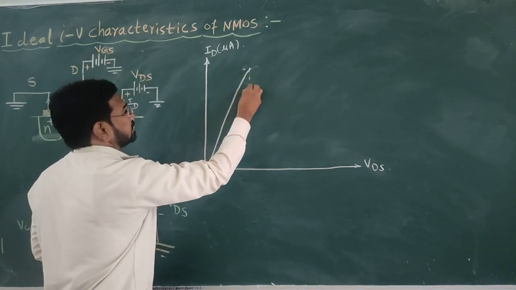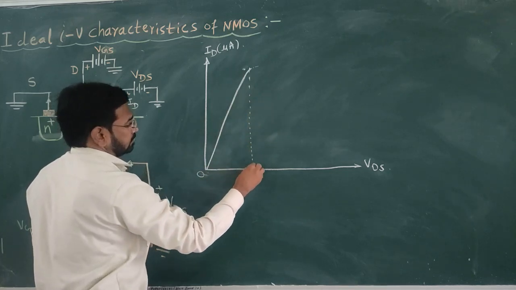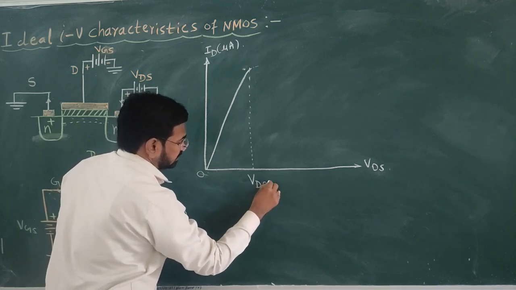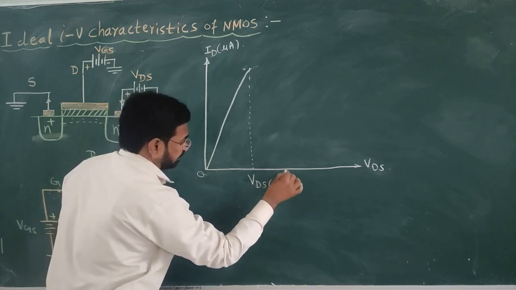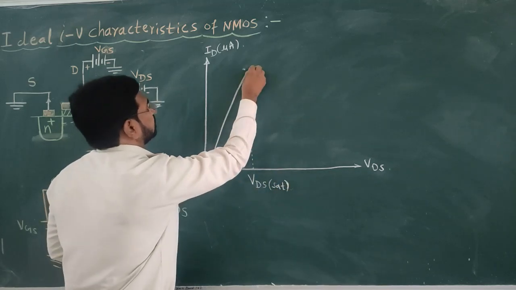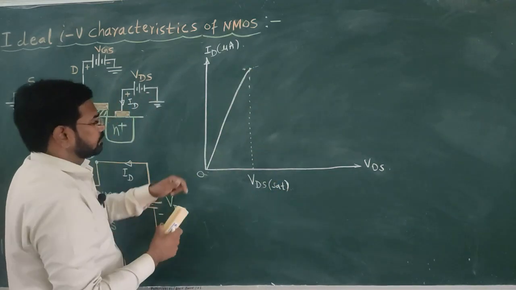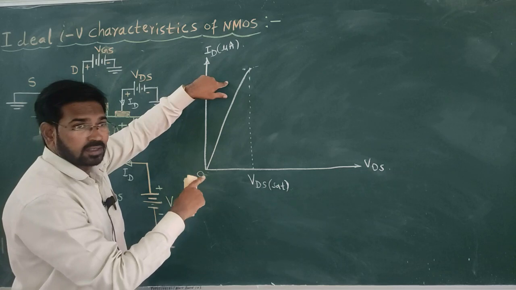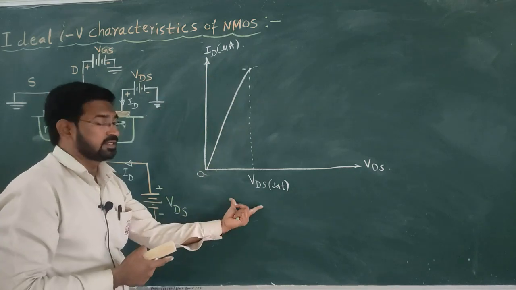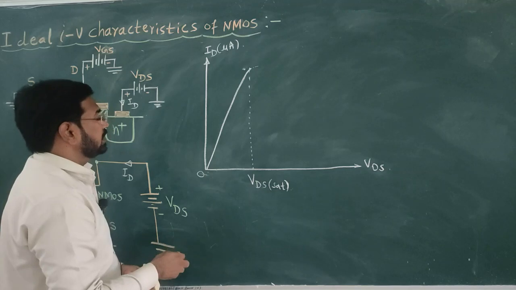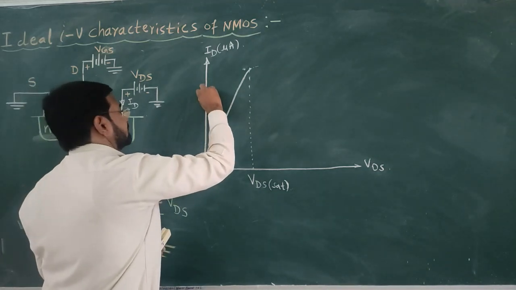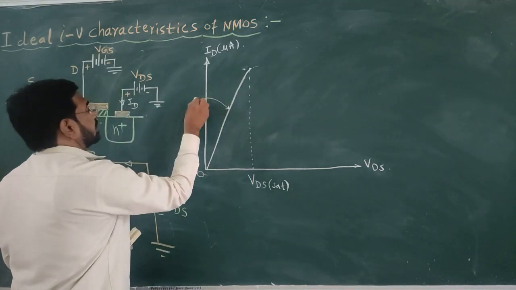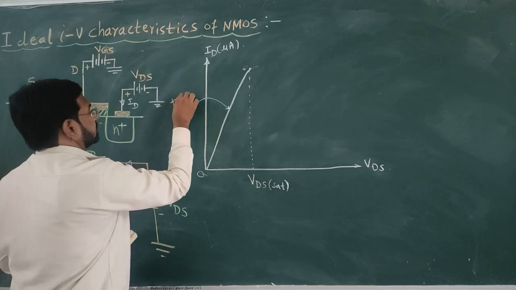This point is the VDS saturation point, and we are going to write how much it is. This region, up to which the drain current changes according to the changes in gate voltage as well as drain voltage, and for which we have an equation, is called the triode region or non-saturation region.